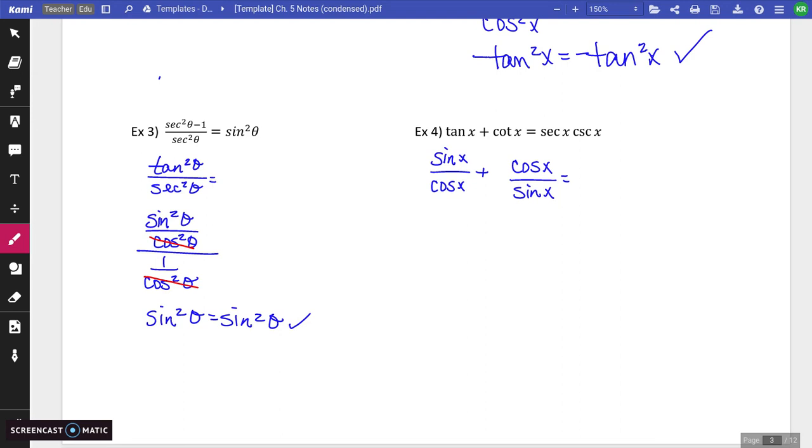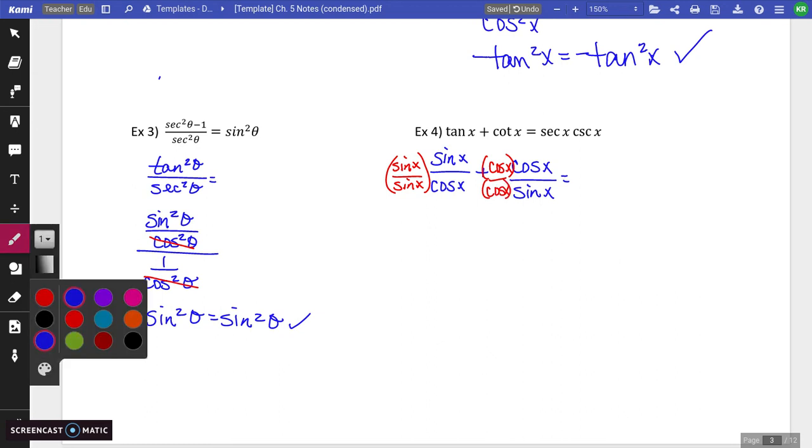My thought here is I'm going to add these two fractions together. But in order to do that, I need them to match their denominators. So this cosine is going to need a sine, and the sine over here is going to need a cosine.